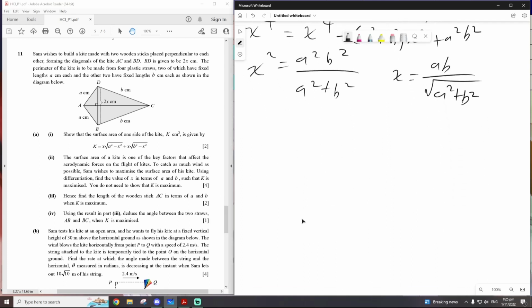Find the length of the wooden stick AC in terms of a and b when k is maximum. Okay, for this, the last two parts are quite simple if you can get the second part. So for this, we have AC equals, as I defined the point P earlier, AP plus PC. And AP is a squared minus root a squared minus x squared.